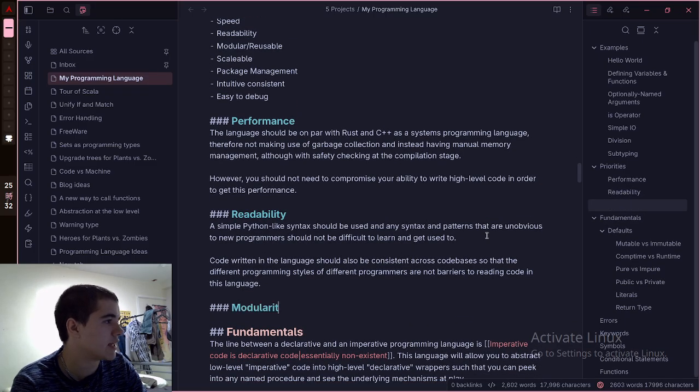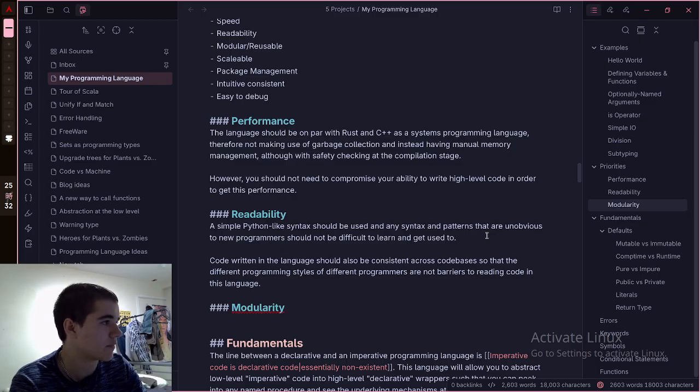Yeah, modularity. It should be easy to reuse components or to reuse code. That is a word.